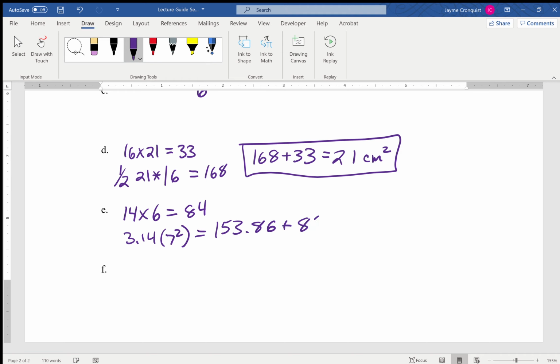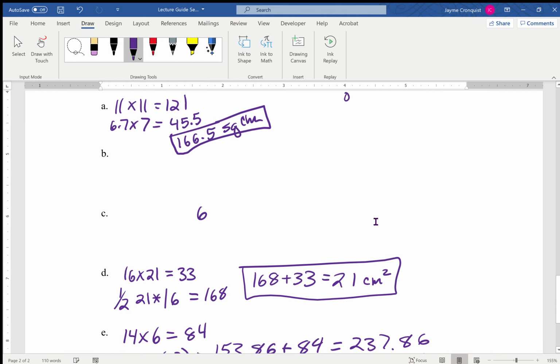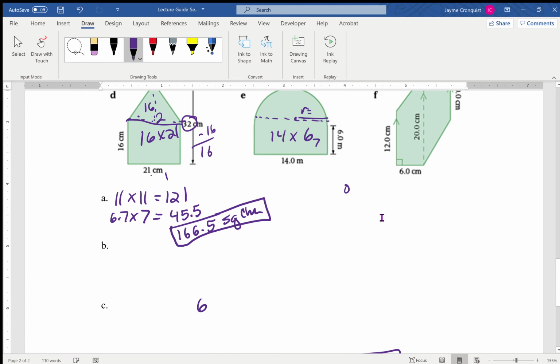And I add 84 to that. I have 237.86 square meters.